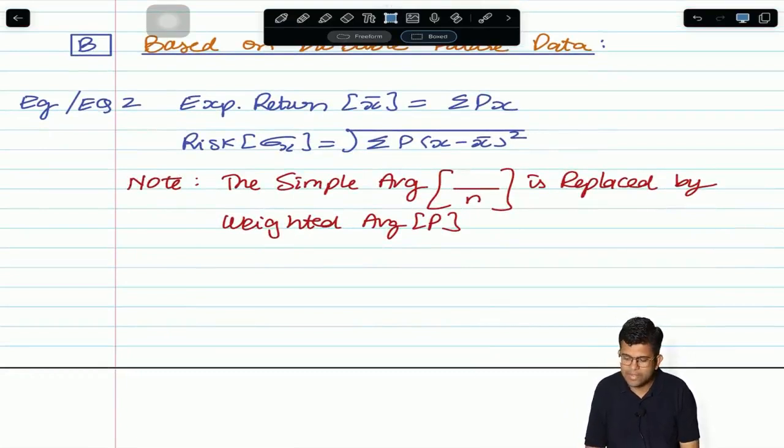Otherwise, just mathematically you see something by n has been changed by p, otherwise formula is same to same. All done?